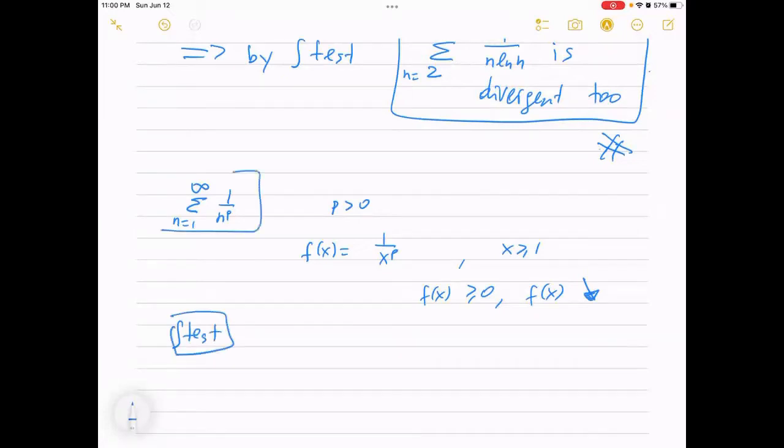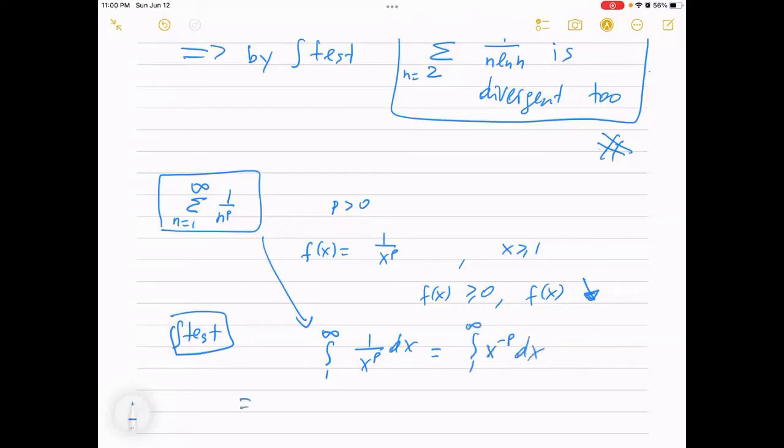So for the series 1 over n to the p, we can switch to the integral from 1 to infinity of 1 over x to the p dx, because we're allowed to do the integral test. The antiderivative, straightforward to find: we write x to the negative p, integral from 1 to infinity dx.